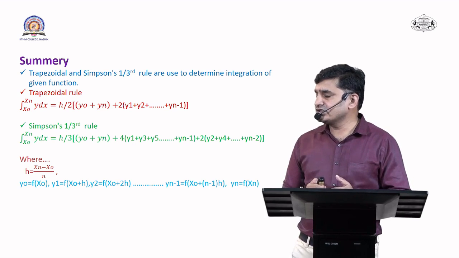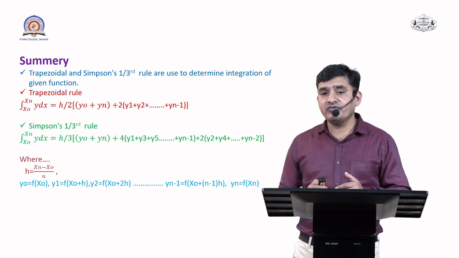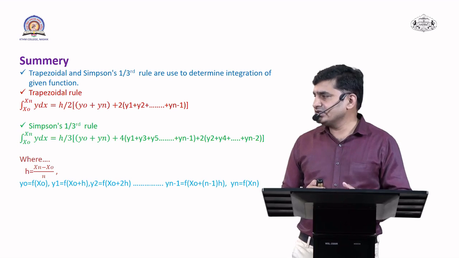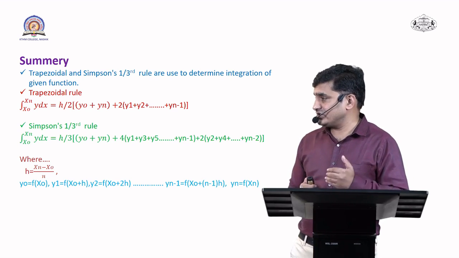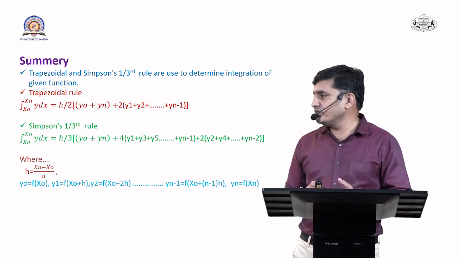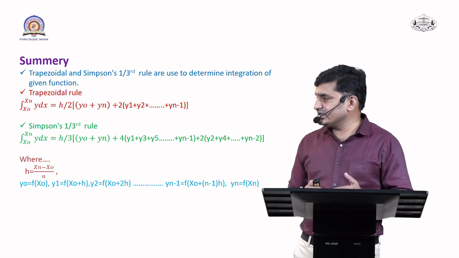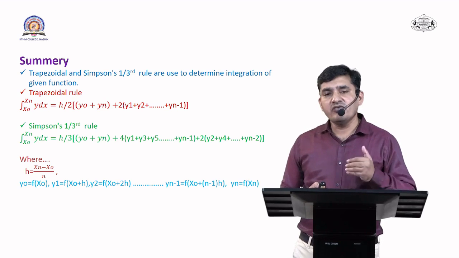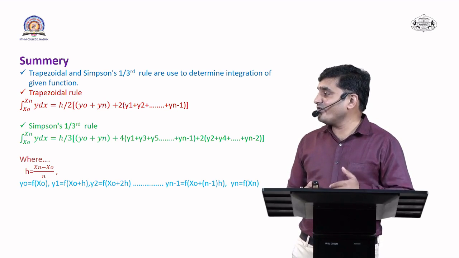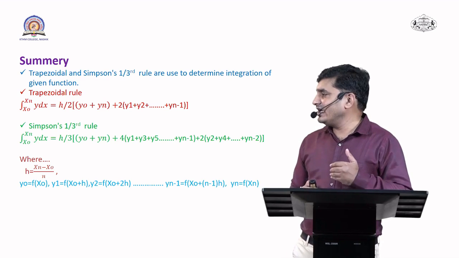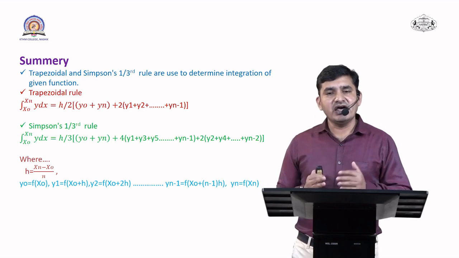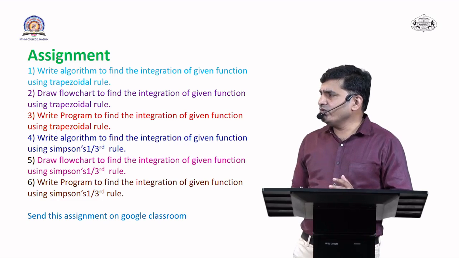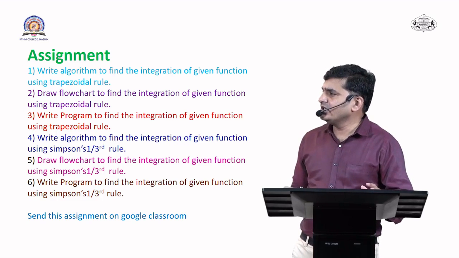Again here y1 is equal to f of x1, and x1 can be found by using the formula x0 plus h. y2 is equal to f of x2, that is, f of x0 plus 2h. yn minus 1 means f of x0 plus n minus 1 into h, and yn is equal to f of xn.